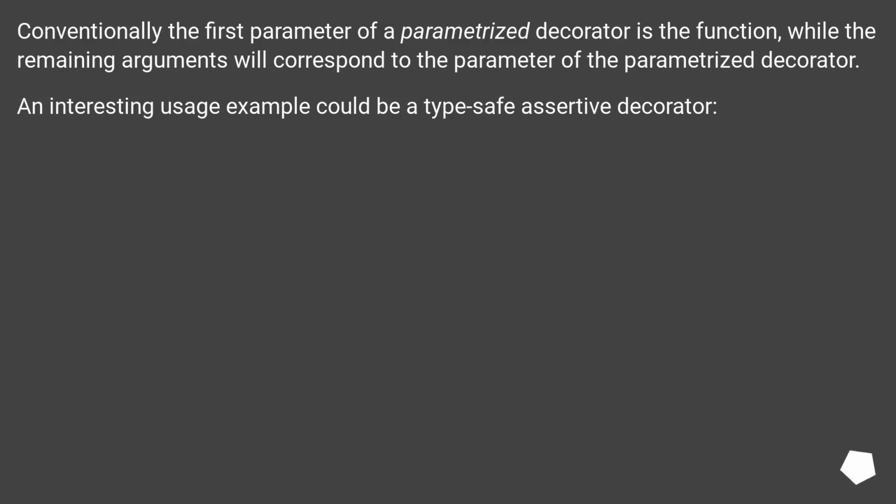Conventionally, the first parameter of a parametrized decorator is the function, while the remaining arguments will correspond to the parameter of the parametrized decorator. An interesting usage example could be a type-safe assertive decorator.